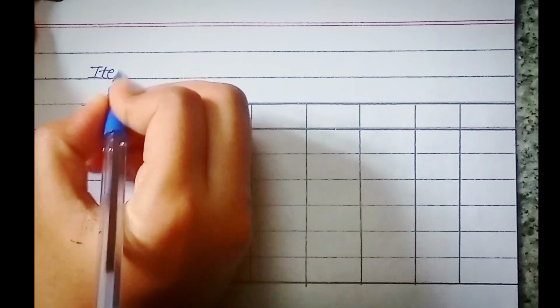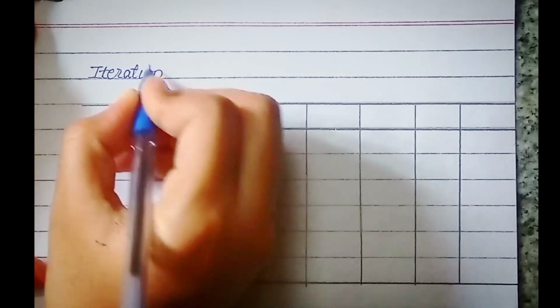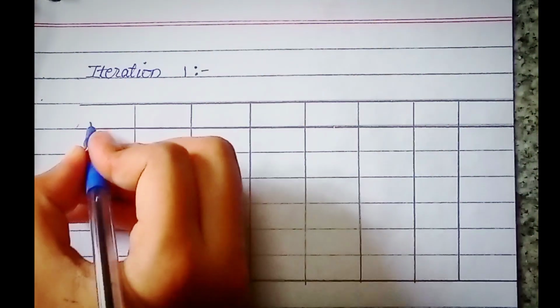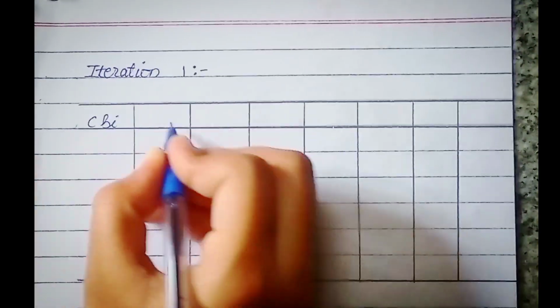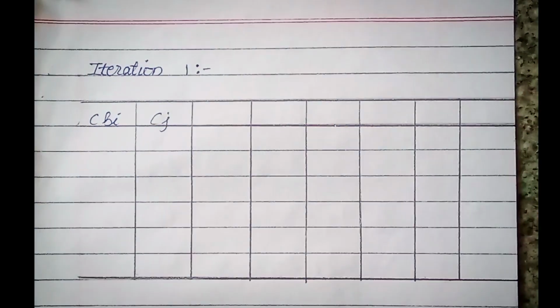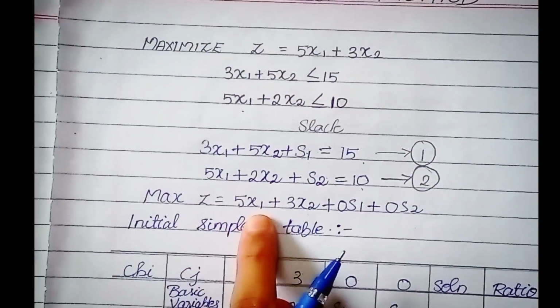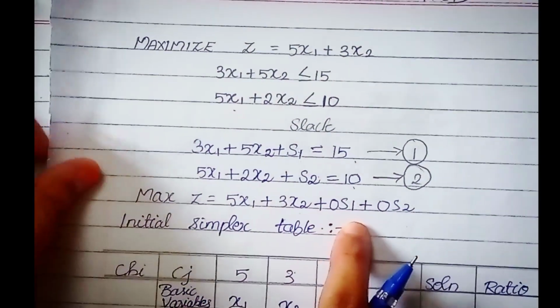This is iteration 1. We should write CBI, CJ, again the same numbers from the maximize Z: 5, 3, 0, 0.